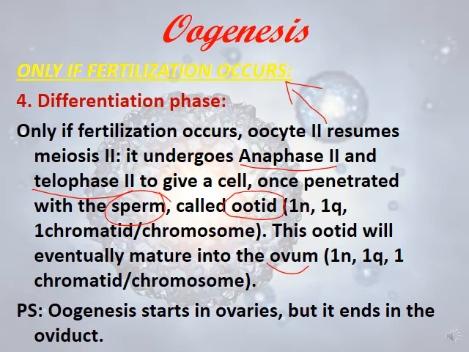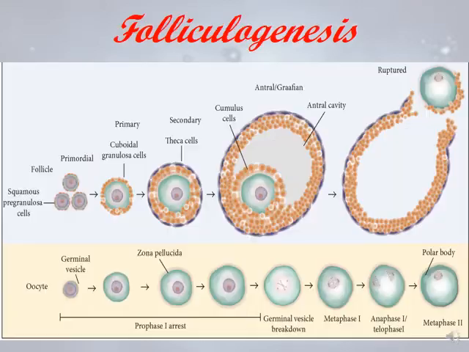Note that oogenesis starts in the ovaries, but it ends in the oviduct. Pay attention to this note.